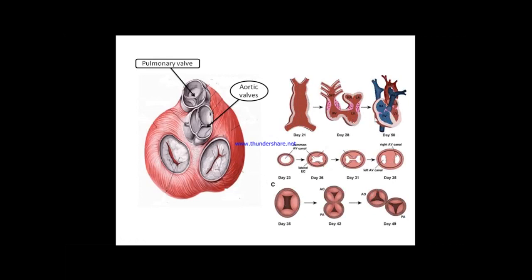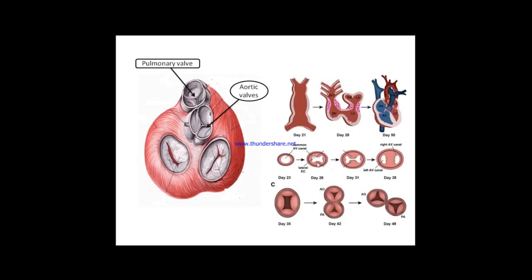Now here in this second diagram, first we have the heart tube. It undergoes looping, forming the primitive right ventricle and the left ventricle. Then this is the outflow tract, this is the truncus arteriosus. This truncus arteriosus then divides into the pulmonary trunk and the aorta by formation of the spiral septum. Then at the lower edge of the spiral septum, these tubercles appear.